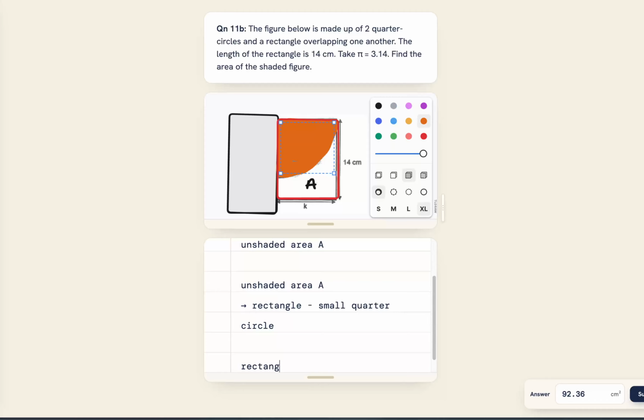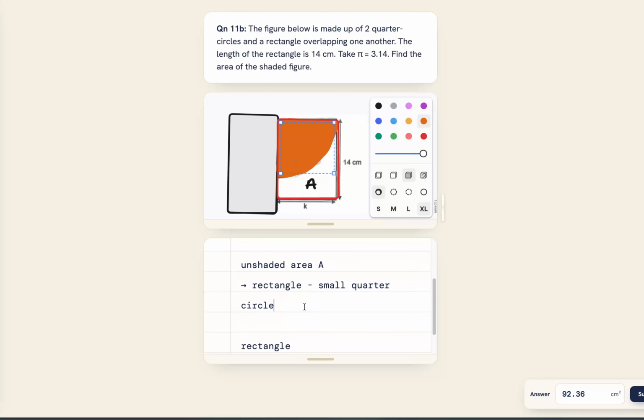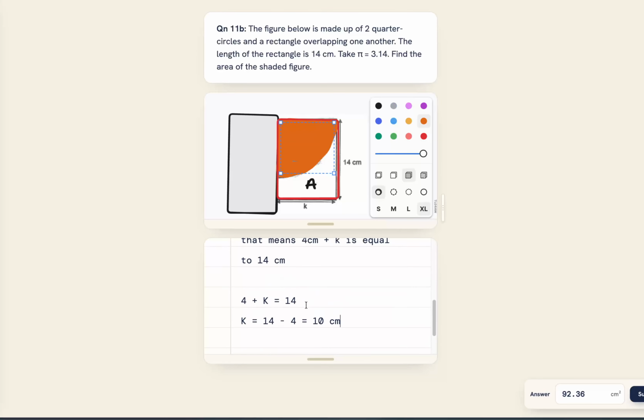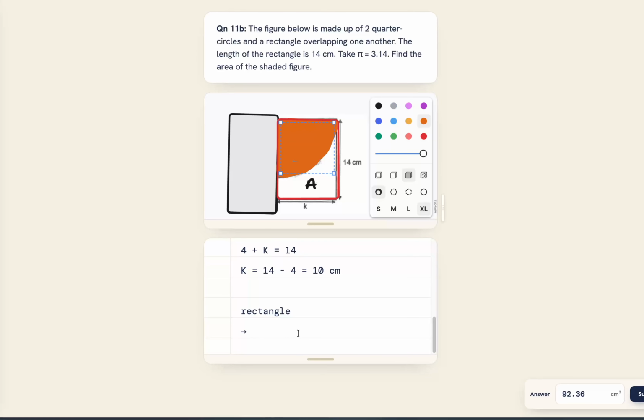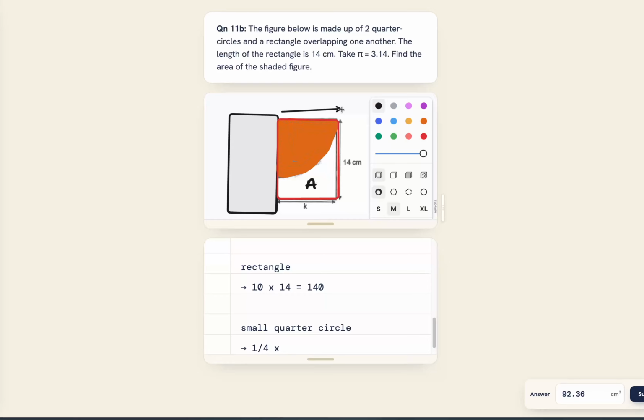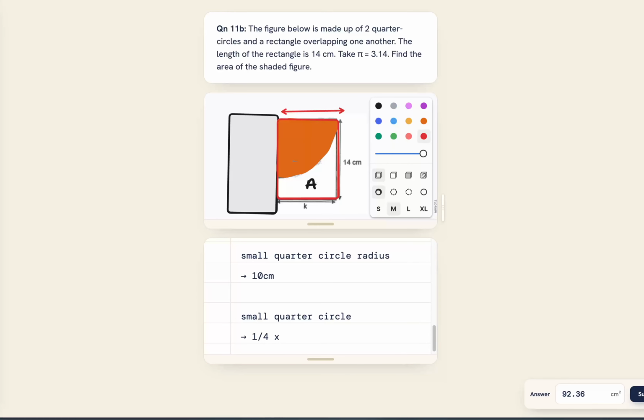For the rectangle, since we know k from the previous question, the rectangle is basically 10 times 14. This will be equal to 140. Then we want the small quarter circle, which is 1 quarter times. So what is the radius over here? The small quarter circle radius is basically 10 centimeters. So small quarter circle area is 1 quarter times pi times radius times radius.